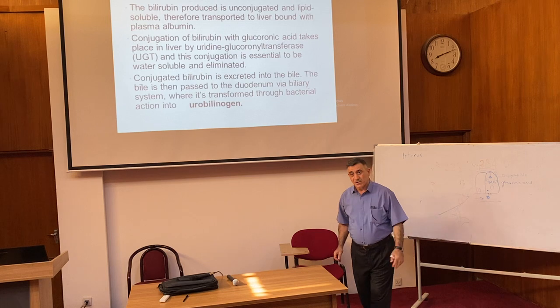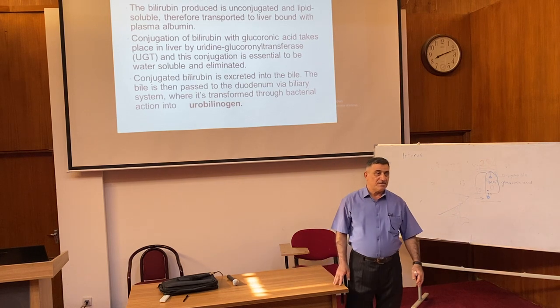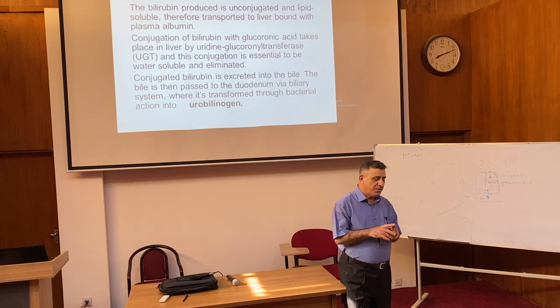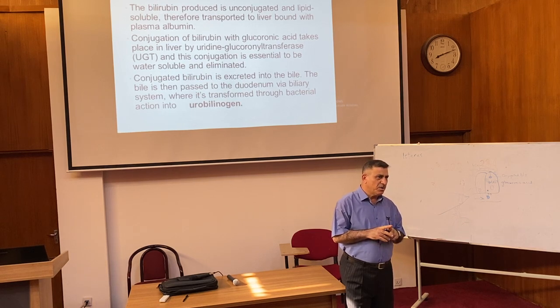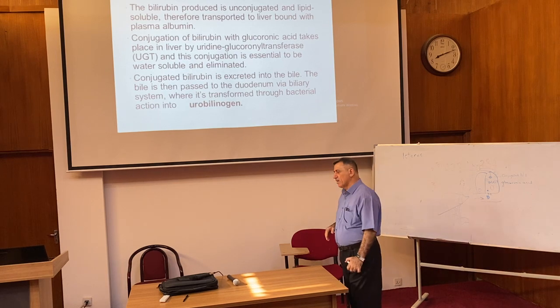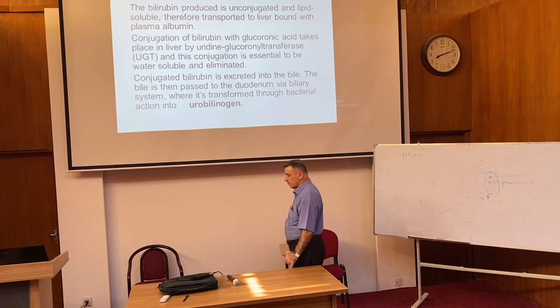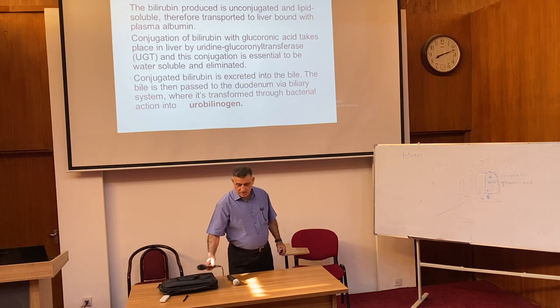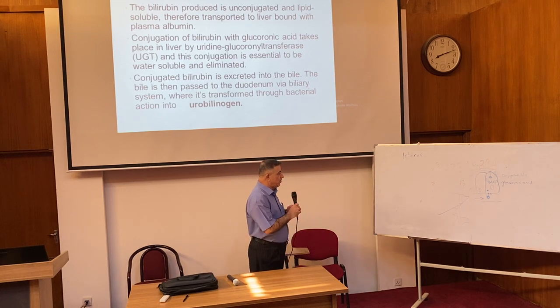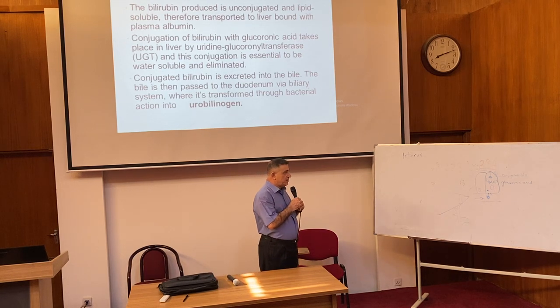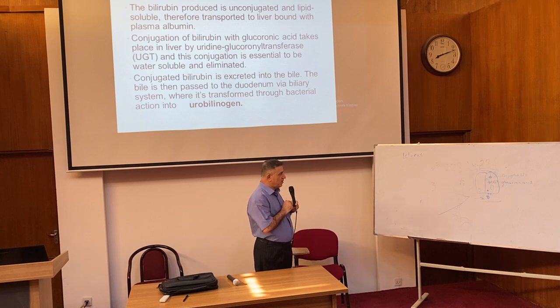Yes, it is combined with the pancreatic duct, and they both open in one opening. And that opening is called what? Ampulla ovata. Yes, ampulla ovata. So this is the metabolism of bilirubin.